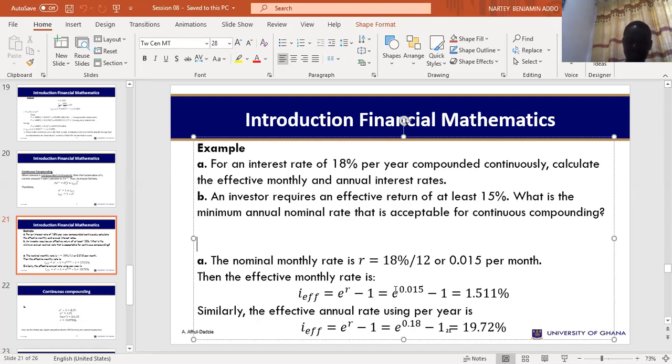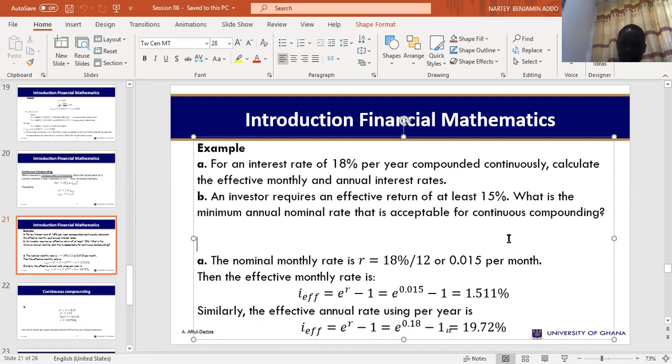So similarly, the effective annual rate using the per annum year. As for the per annum year, then it is the 18%, which is the per annum. So that will be e^R minus 1, so second function ln, and then 0.18. That will give you 1.1972. So if you less 1, then you have 0.1972 times 100 will give you 19.72%.